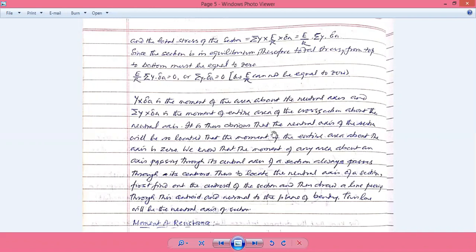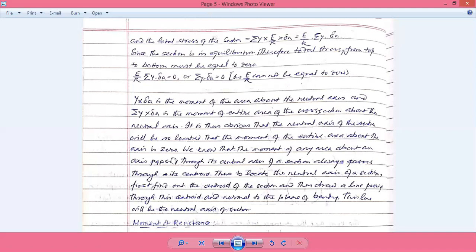It is thus obvious that the neutral axis of the section will be so located that the moment of the entire area about the axis is 0. Because we know that the moment of any area about an axis passing through the centroid of the section is always zero.